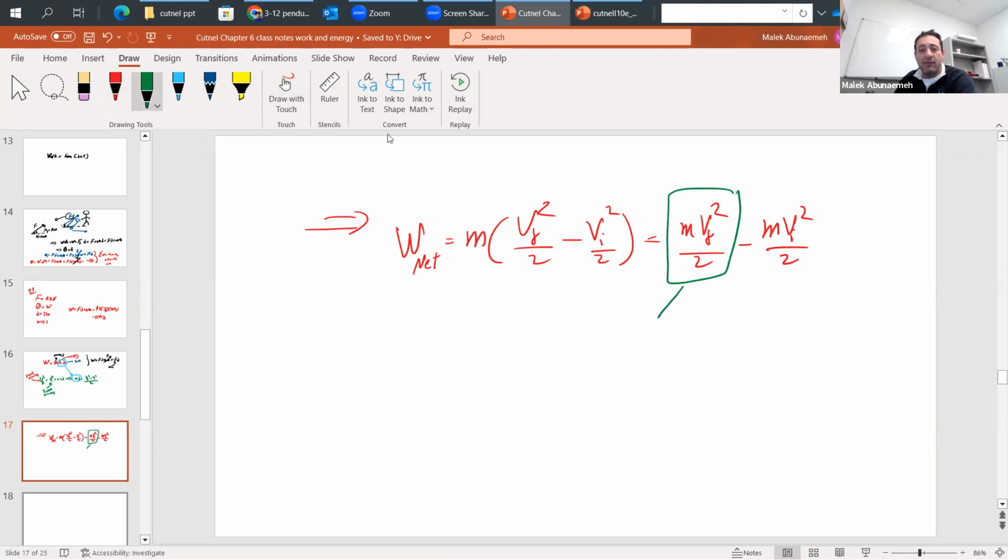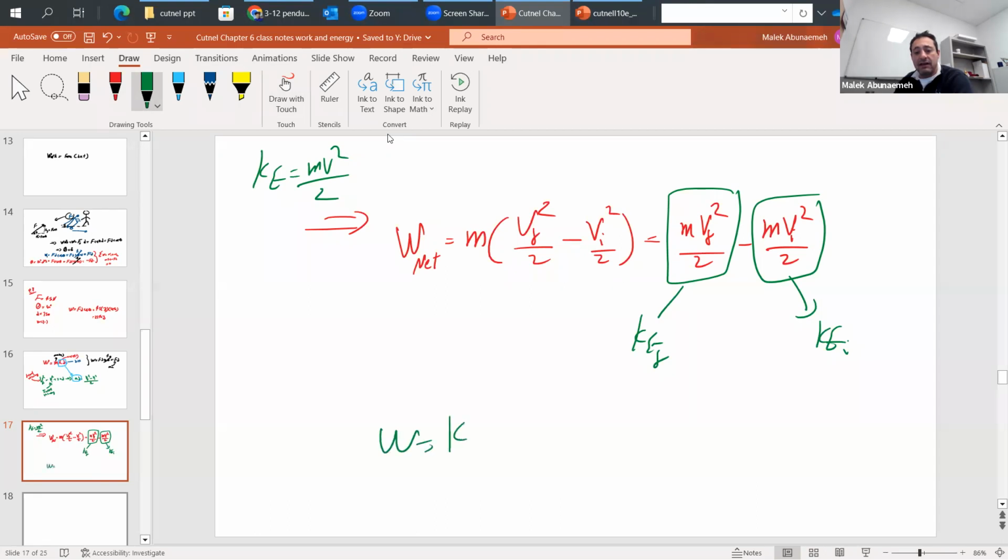Oh, mv squared over 2. Remember we said the kinetic energy was mv squared over 2, so we can define this as kinetic energy final, and we can define this little fella as your kinetic energy initial. That means your work is your kinetic energy final minus your kinetic energy initial, which is going to be your change in your kinetic energy.